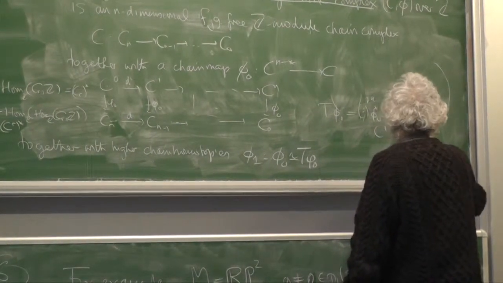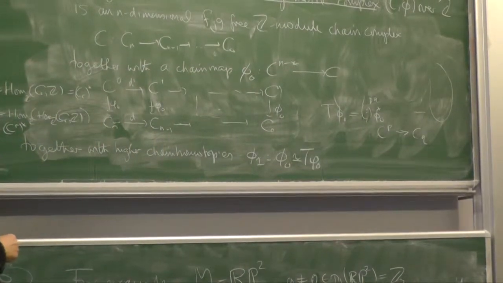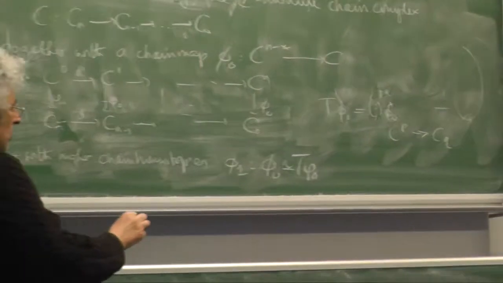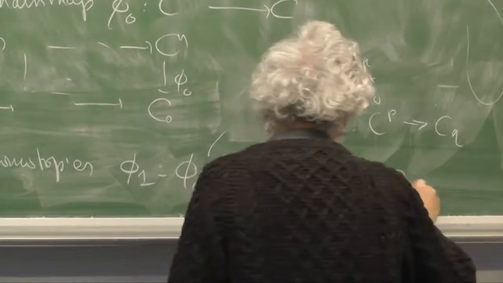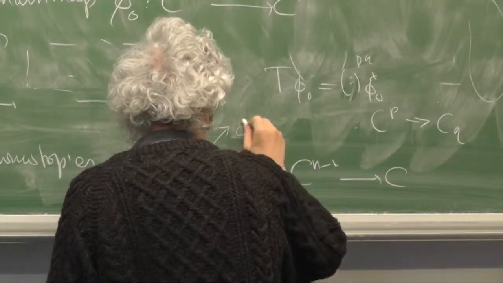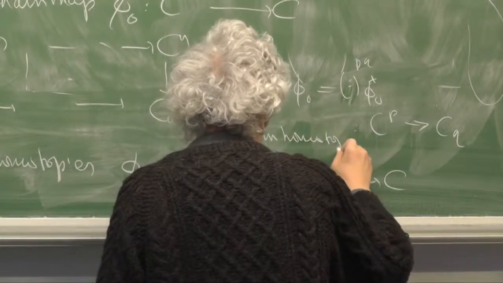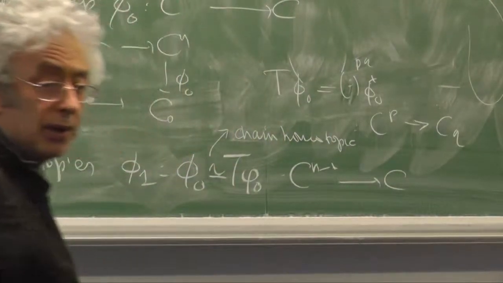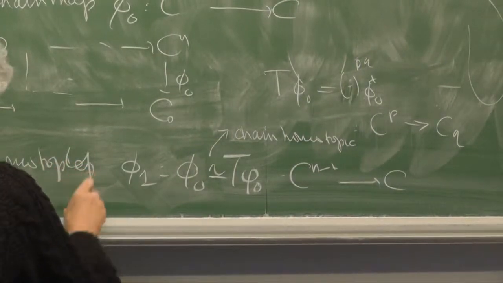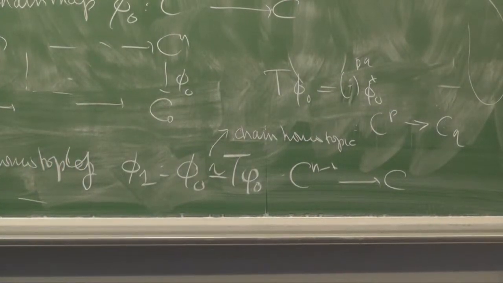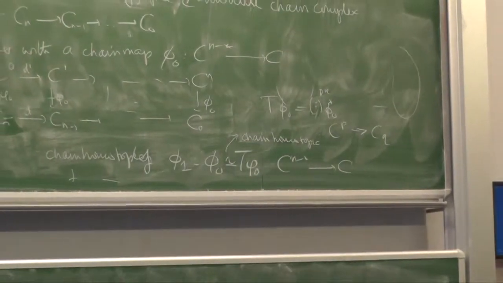I could just have to say the actual sign, but I won't give the higher signs. So, in particular, phi naught is a chain homotopy. Before I started a little too early using the word higher. It was chain homotopy. Let's just talk about the first chain homotopy. It's just a chain homotopy from a chain map to its transpose.